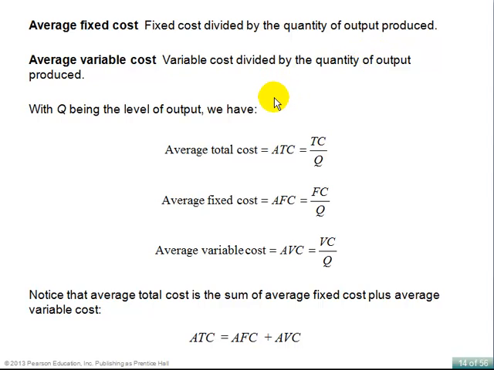Mathematically, with Q being the level of output, average total cost ATC equals TC divided by Q, average fixed cost AFC equals FC over Q, and average variable cost AVC equals VC over Q. Finally, notice that average total cost is the sum of average fixed cost plus average variable cost: ATC equals AFC plus AVC.